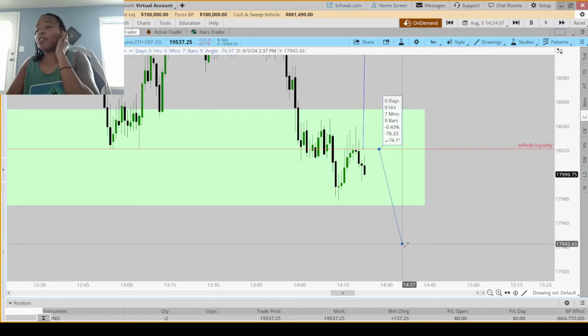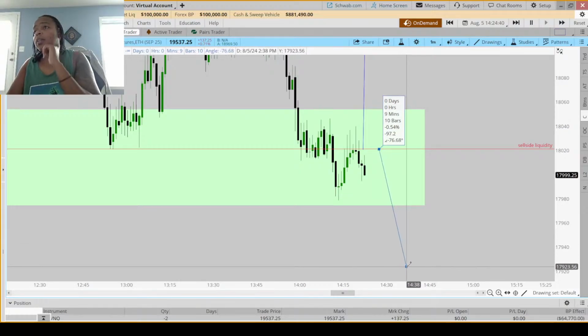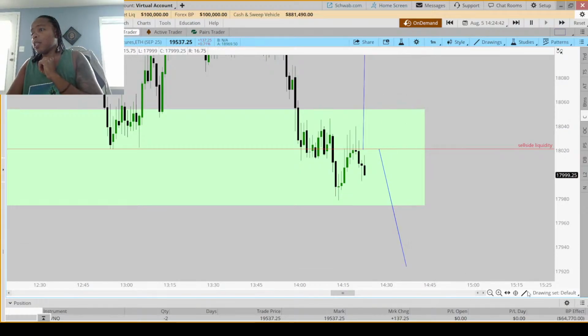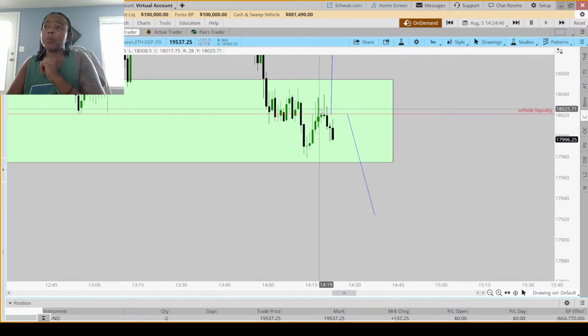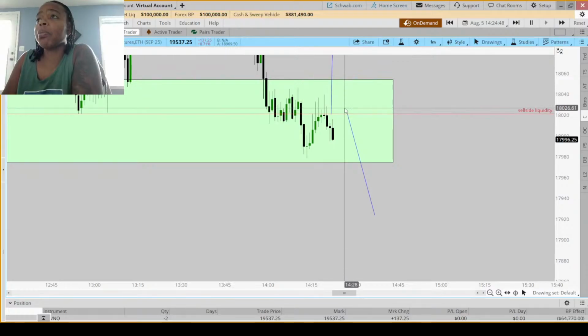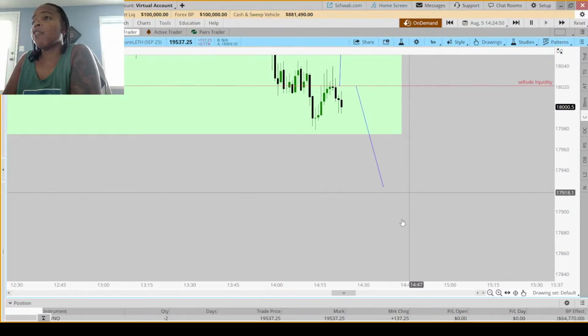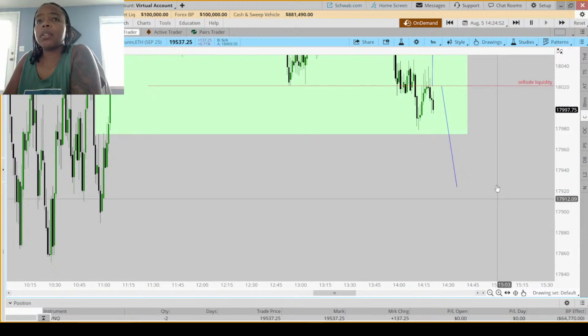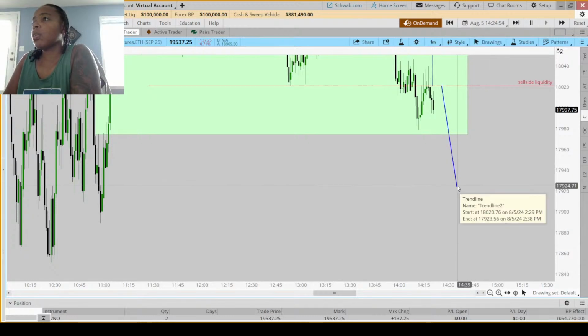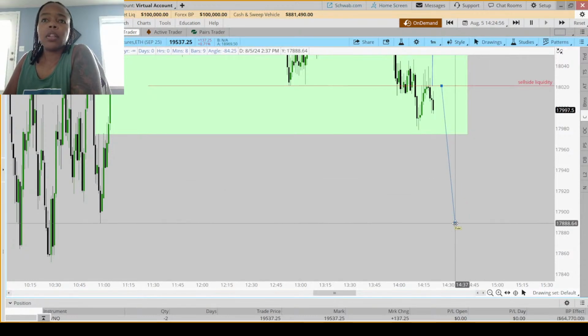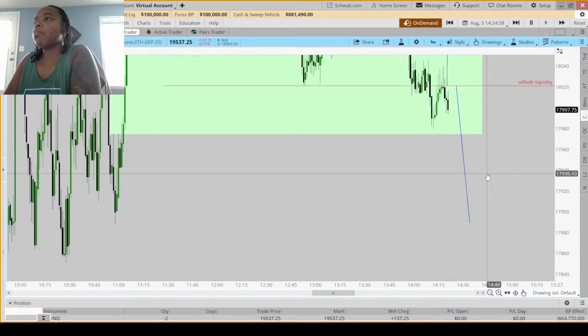So for other folks who are considering this sort of situation as a continuation trade, 50% of this fair value gap or the block, I would feel comfortable taking this down to take out that low at minimum.